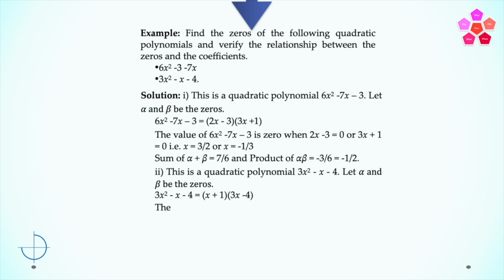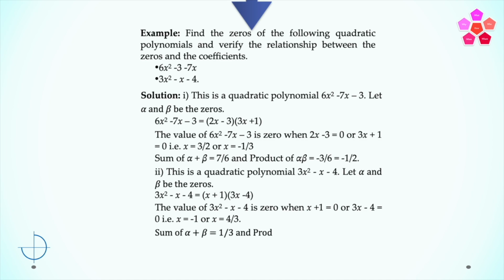The value of 3x squared minus x minus 4 is 0 when x plus 1 is equal to 0 or 3x minus 4 is equal to 0. That is, x is equal to minus 1 or x is equal to 4 by 3 are the two zeros of the quadratic polynomial. For the sum of the zeros, alpha and beta, we have 1 by 3 and the product of the zeros is equal to minus 4 by 3.